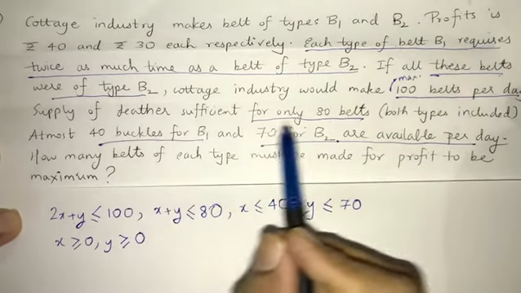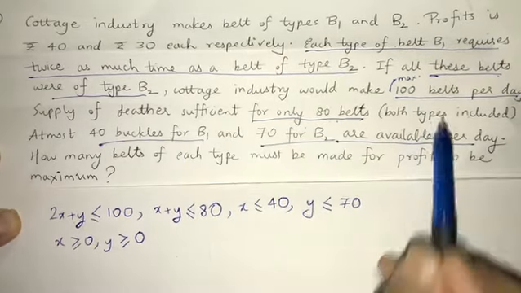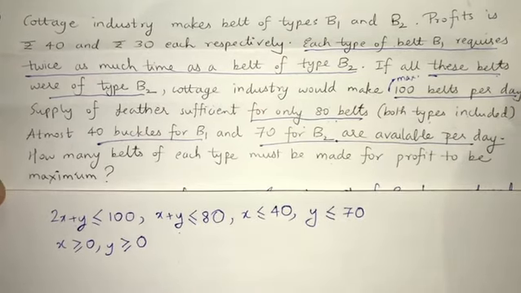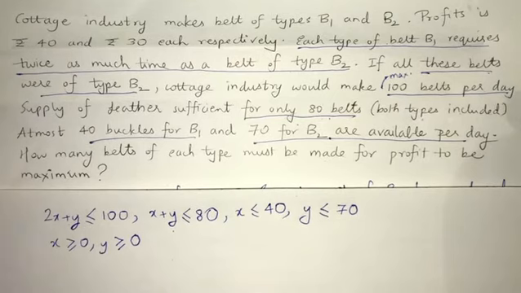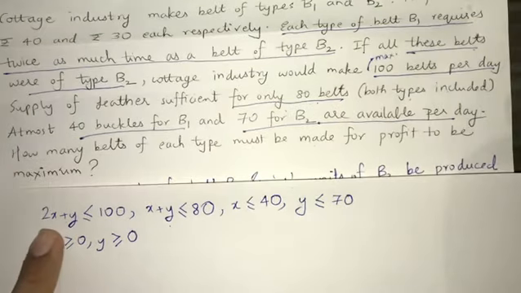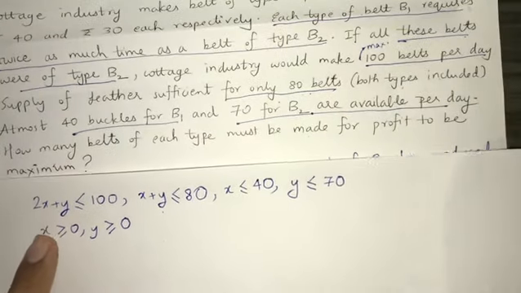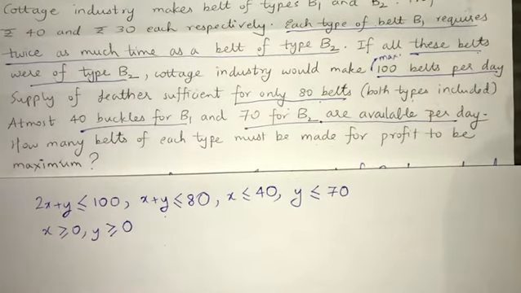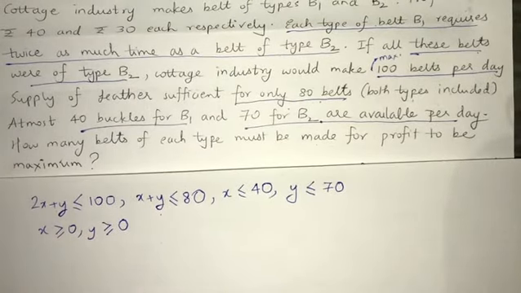Then the supply of leather is sufficient only for 80 belts, both types included. So max to max production, x and y taken together, is 80. X is the number of belts of type B1 produced. If we stop that production, then it is 2x. Otherwise, it is x only. If we stop the production of B1, then how many B2 belts will be made? 2x belts.